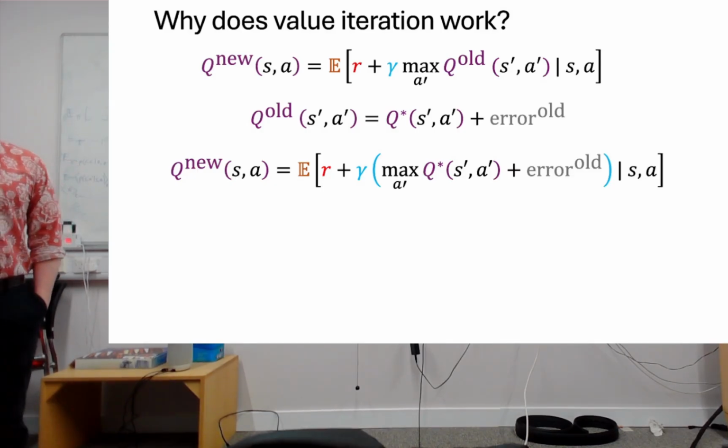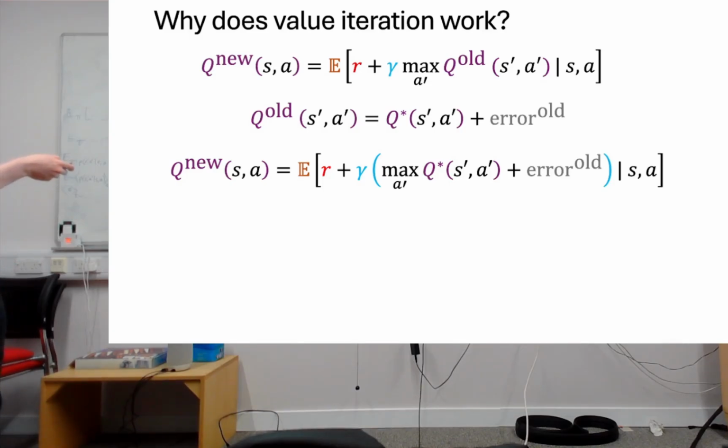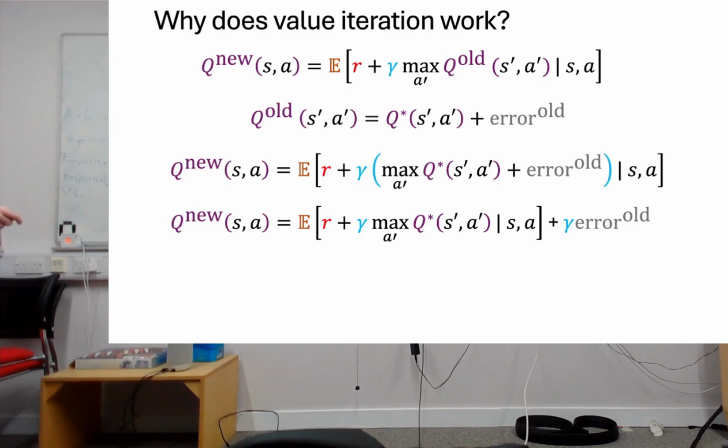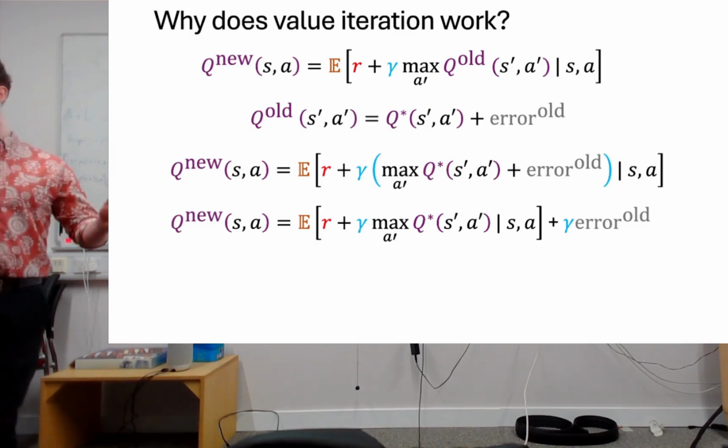Now let's distribute gamma over terms, and I get Q new is equal to the expectation of reward plus gamma times the maximum over actions of Q star s prime, a prime, given s, a, plus gamma times error old. Everyone with me so far?